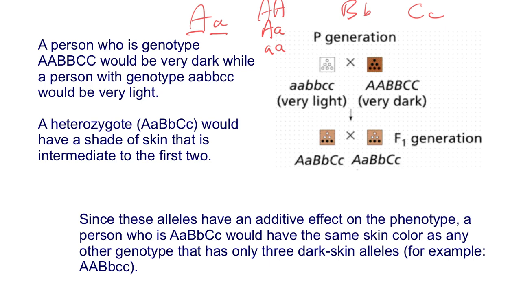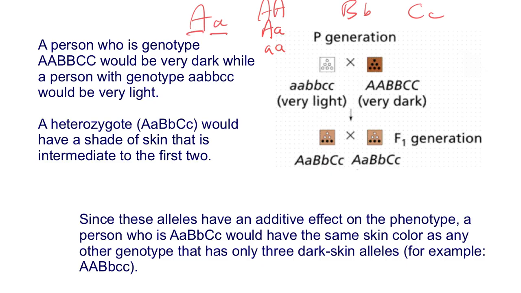The relationship between the big letter and the little letter in each of these 3 or more skin color genes is incomplete dominance. There's a blending of the pigment formation of both alleles.